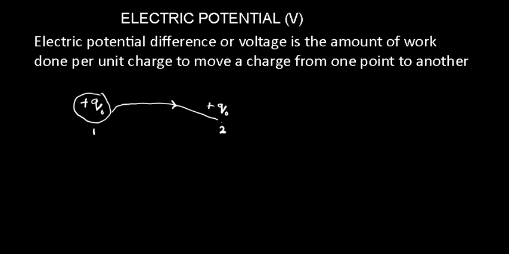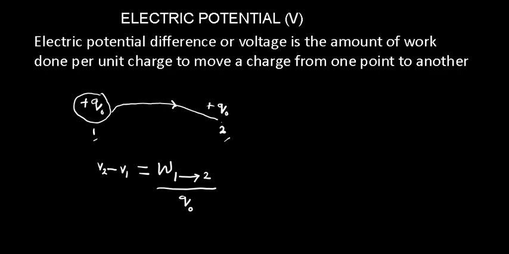Then the potential difference at point 2 will be V2 minus V1, which will be equal to the work done in moving this test charge from position 1 to position 2, divided by the test charge.